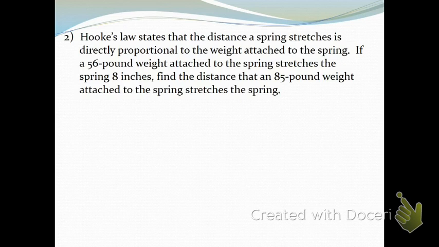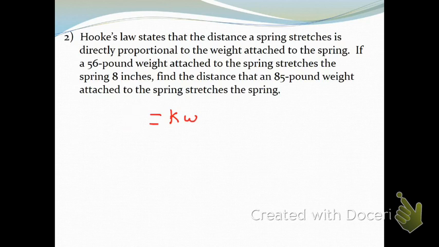Okay, so Hooke's law states that the distance a spring stretches is directly proportional to the weight. So there's some constant times the weight. You know what? Instead of S, that's silly.